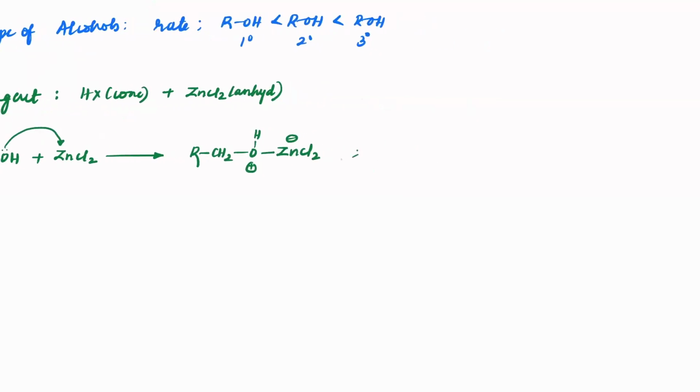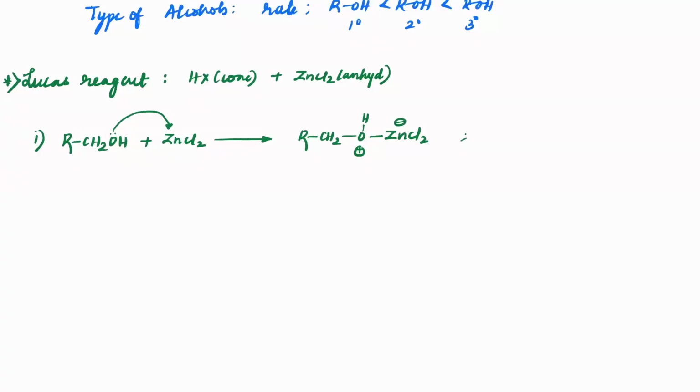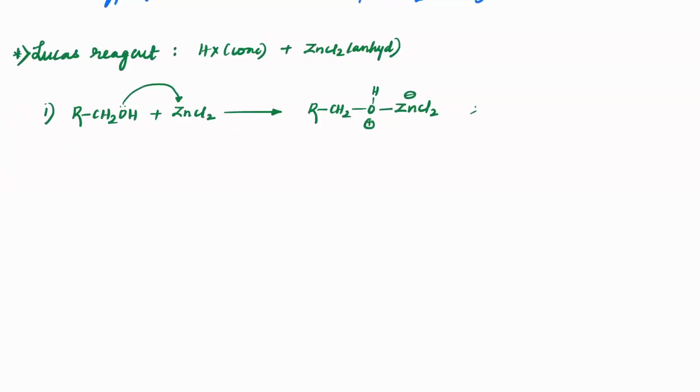And then once you get here, you can notice this compound will be able to react with HCl here and try to release this zinc here. So basically we will have plus here, isn't it?